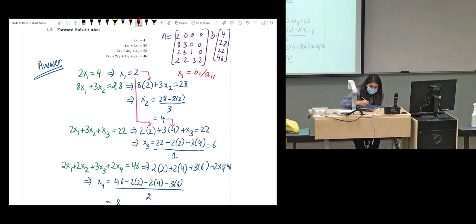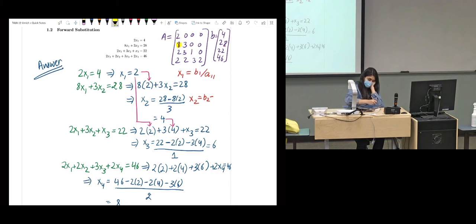Now for x2, I will note that it is 28. Where is 28 in our solution? 28 is right here. So it's B2 minus 8 times 2. Now this 8 you're going to get from the coefficient of x1 in the second equation, this 8 right here.